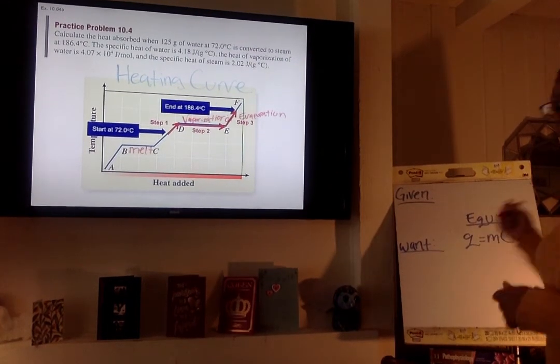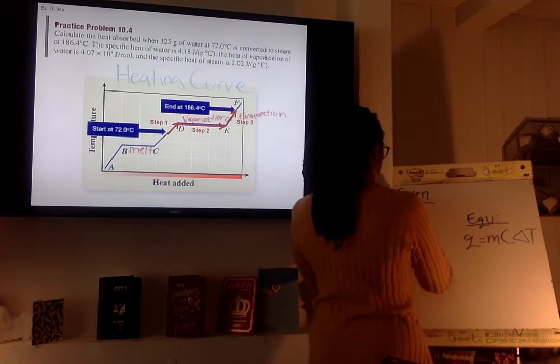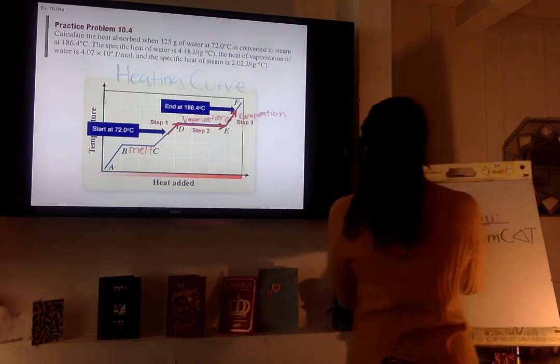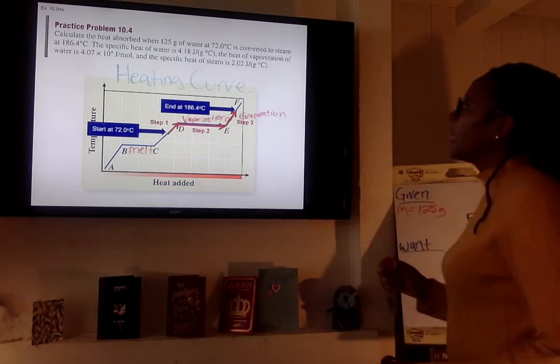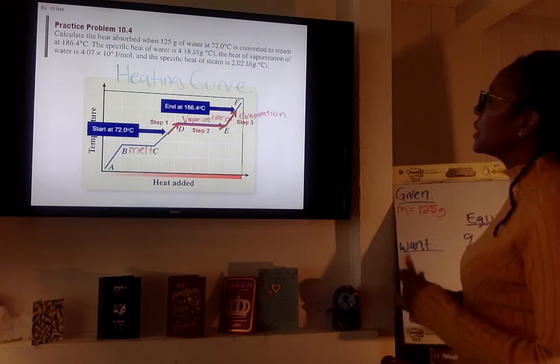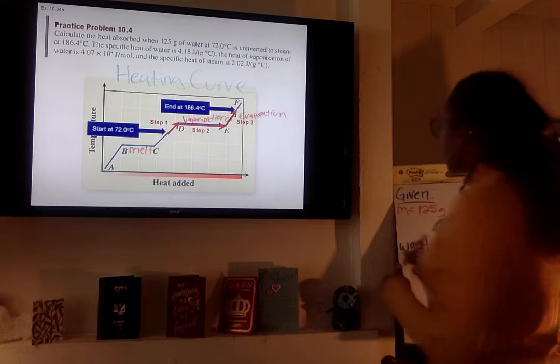So when we look at our given, our m is going to be our mass, which is 125 grams. And then our temperature of water at 72 degrees is converted to steam at 186.4 degrees Celsius.